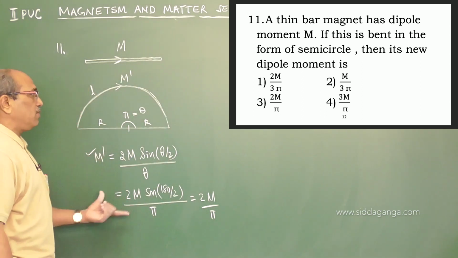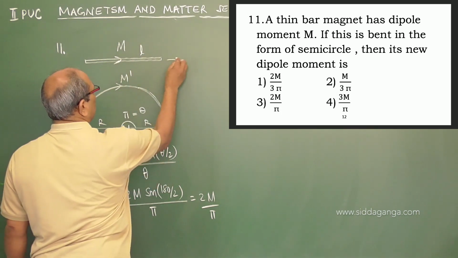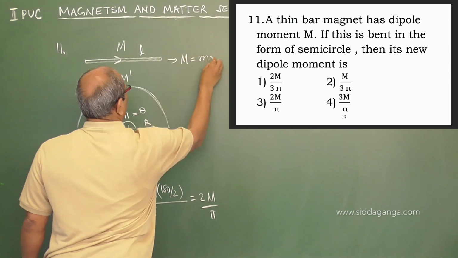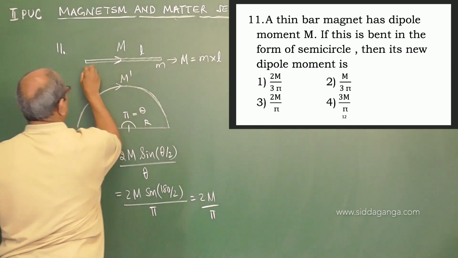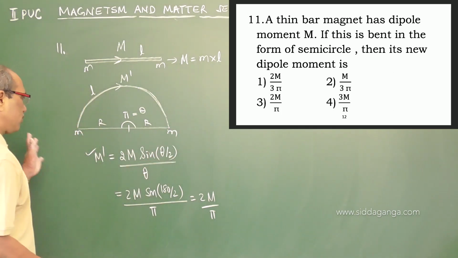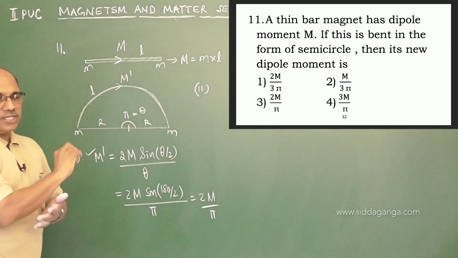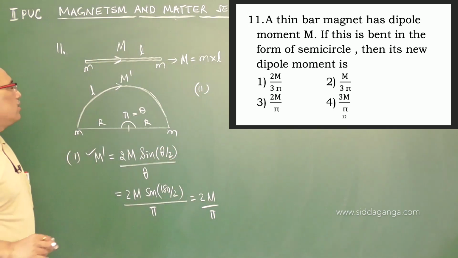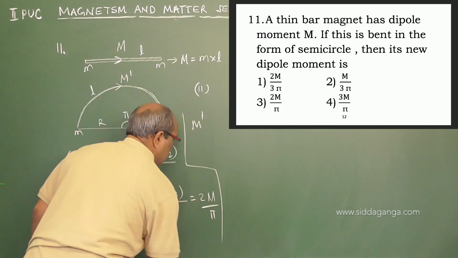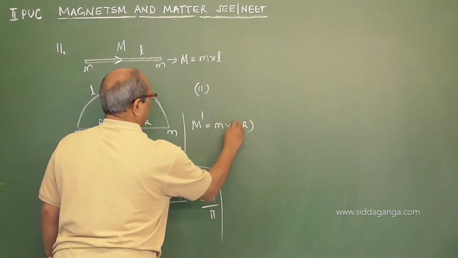Otherwise, the earlier moment for this length was M equal to pole strength into L. By bending, the pole strength is not changed. This is one method. I am showing the second method of how we can determine that. So in the new moment, what is M dash? It is equal to the pole strength times 2r.